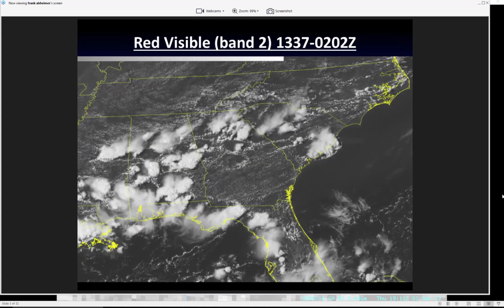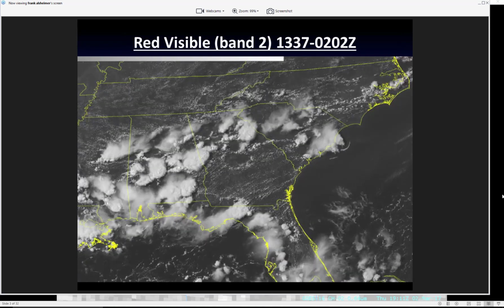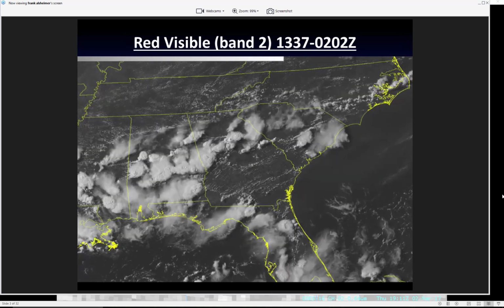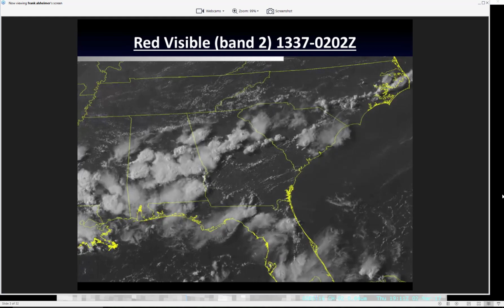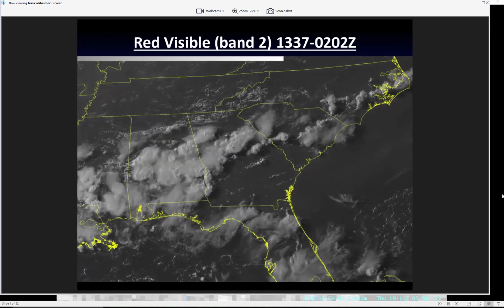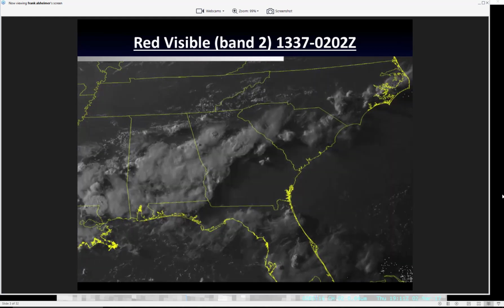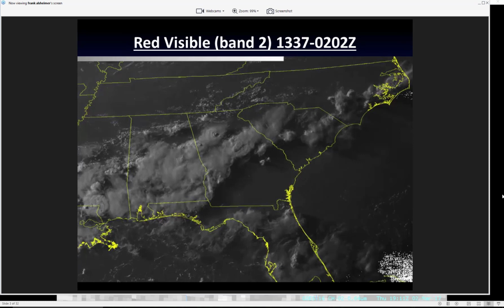Of course, there's a lot of convection going on back in Alabama and Mississippi as well, due to a number of different factors. You've got some Gulf sea breeze interaction there, and you've got outflow interaction going on as well. But even there, you can see the towers, and really the tallest towers are across from northern Georgia across into northeastern South Carolina and even southeastern North Carolina.